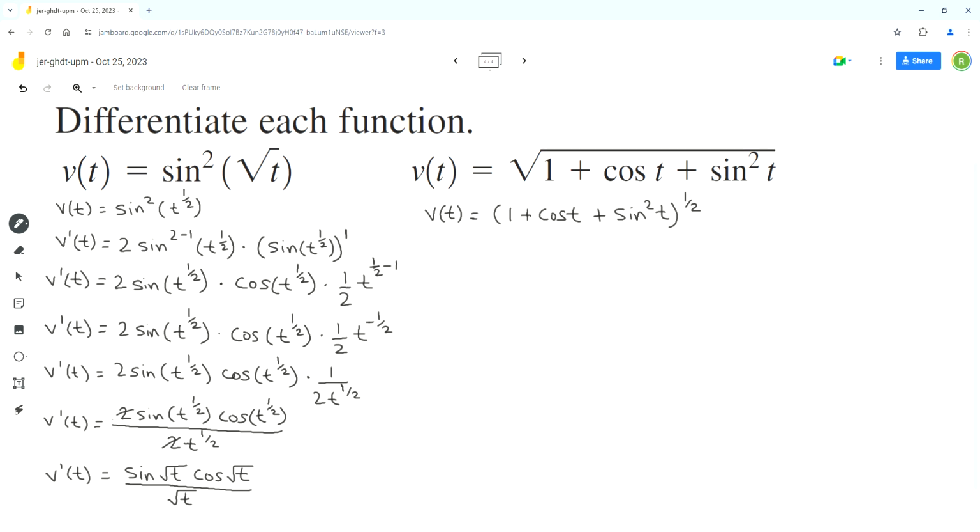Now we can find the derivative of this expression, and we have to use chain rule because there is this outer function which is the exponent half, and the inner function is the expression 1 plus cos t plus sine squared t.